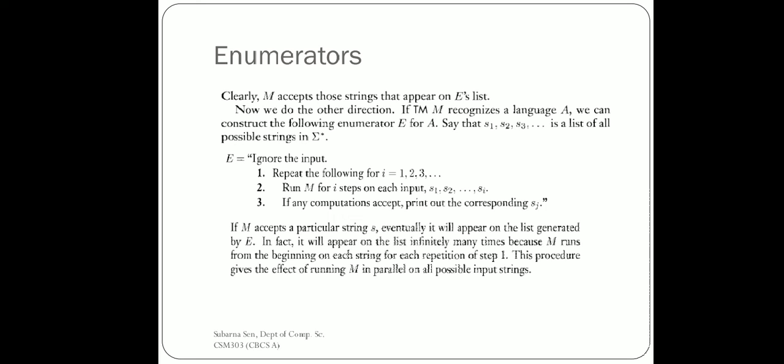Here I will run from 1 to whatever the end is, say I or J or whatever the steps it is going to follow. Then it will be a repetitive process where the Turing machine M will run for i steps by processing all the strings, S1, S2, up to Si.